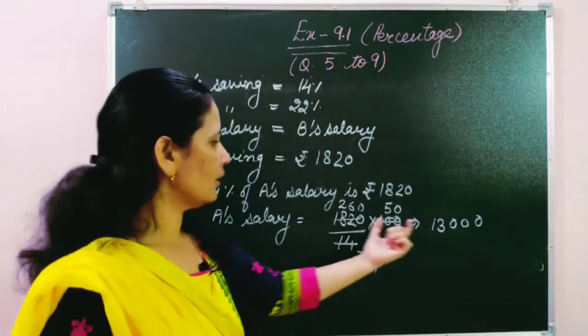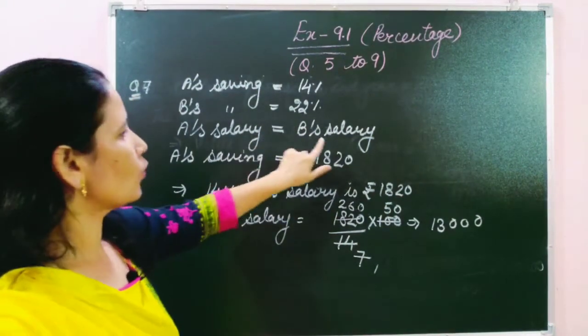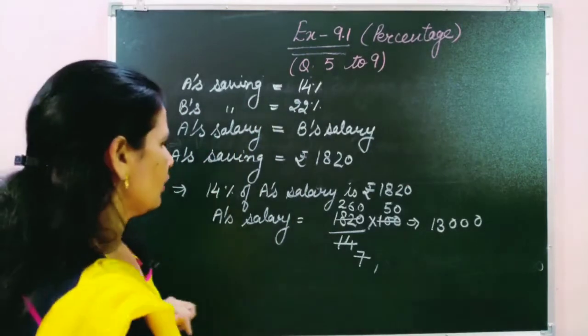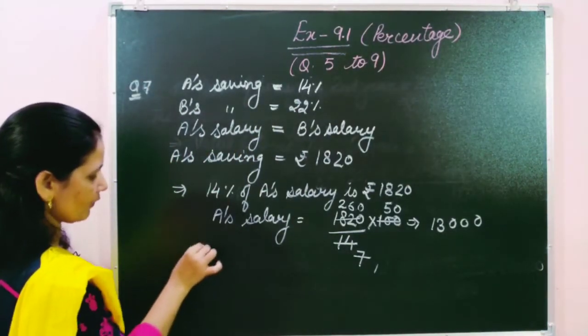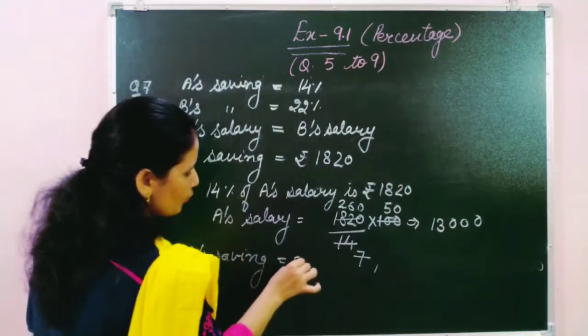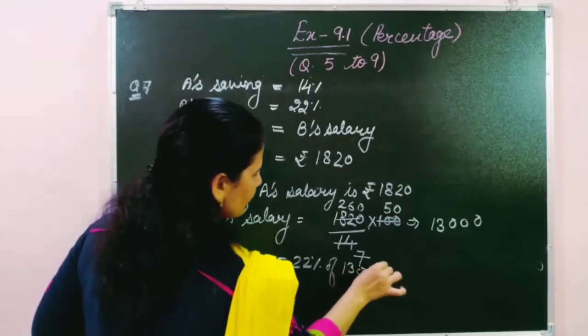What is A's salary? Rupees 13,000. And we know very well A's salary is equal to B's salary. So can we find out the saving of B? Yes. So here we will write B's saving, that is 22% of 13,000, because the salaries are the same.